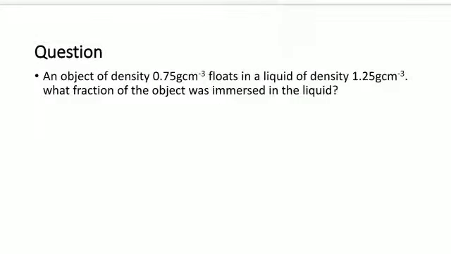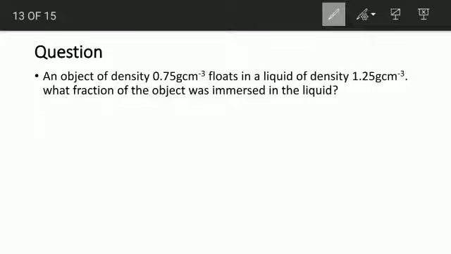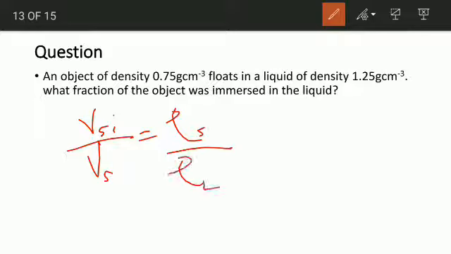Now, an object of density 0.75 grams per cm cubed floats in a liquid of density 1.25 grams per cm cubed. What fraction of the object was immersed in the liquid? The fraction of the object immersed in a liquid is VSI, that means volume of solid immersed over the volume of solid, which is the same as the density of solid over the density of the liquid.